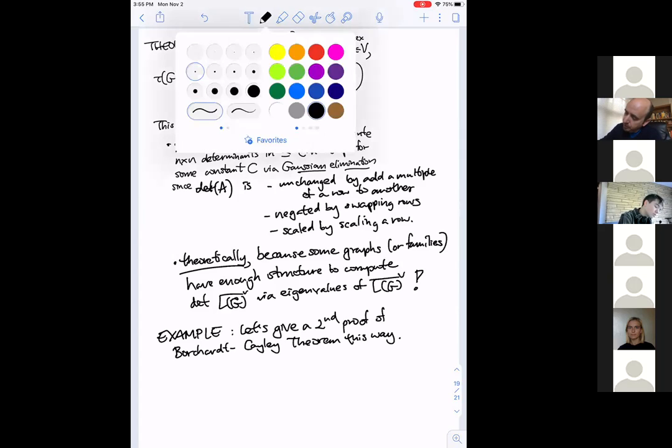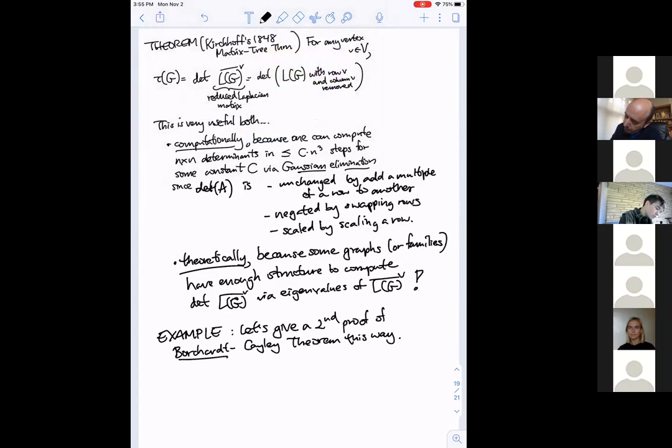Borchert-Cayley theorem, I'm just going to remind you of its statement. It's really about tau of Kn, right? We didn't phrase it that way before, but this should be the number of spanning trees on n vertices labeled 1 through n, right? The answer was n to the n minus 2. That was the theorem.